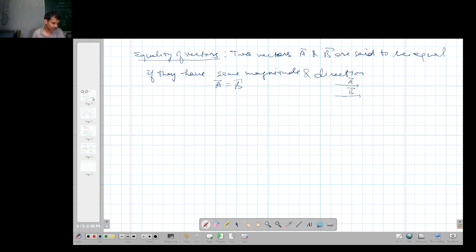Then multiplication of a vector by a scalar. It is a very important definition, or important point, which is to be discussed. So it is the multiplication of a vector by a scalar. So consider a scalar n.